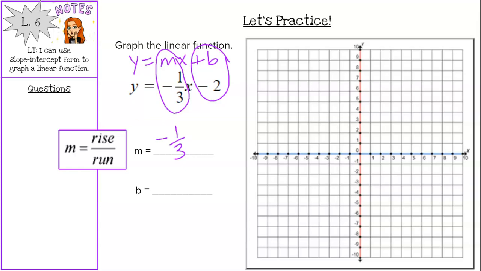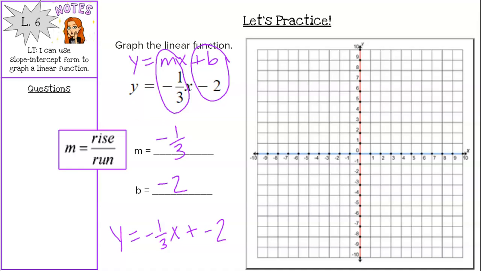Now our b is minus 2, which makes that a negative 2, because that could really be rewritten as y equals negative 1/3 x plus negative 2, because remember, subtraction is adding the opposite, so we want to make sure we take that sign with our number. So it is a negative 2.